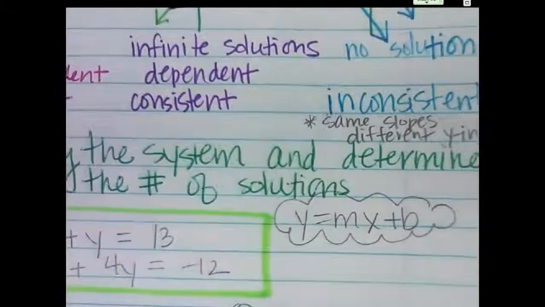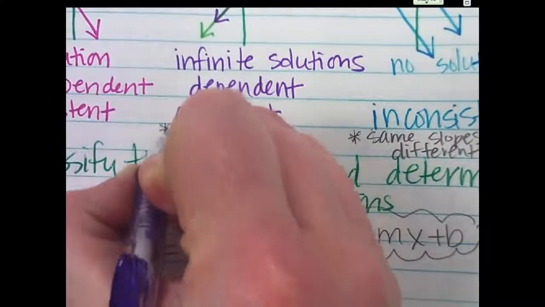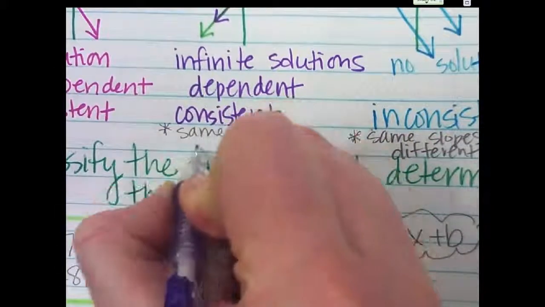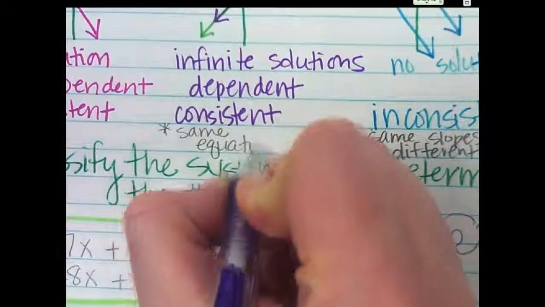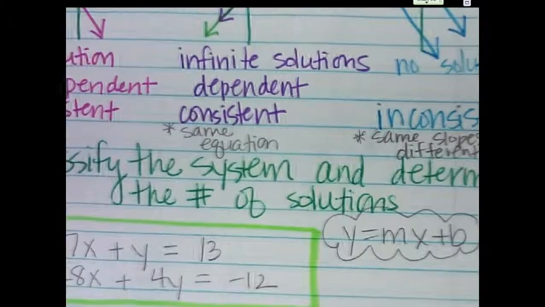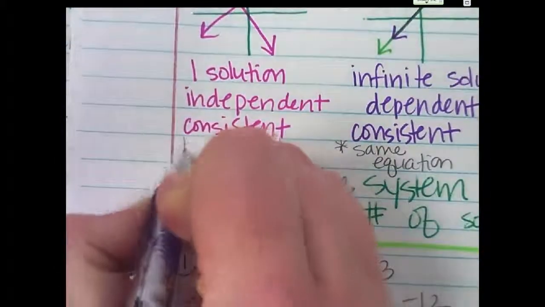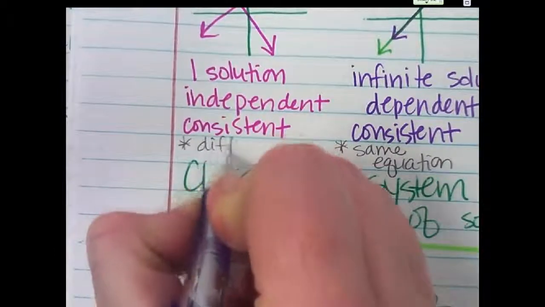What do you think we're going to look for on this one here in the middle? Everything is the same. So I'm going to say same equation. And then on this one, what's nice here is you're just looking for different slopes.